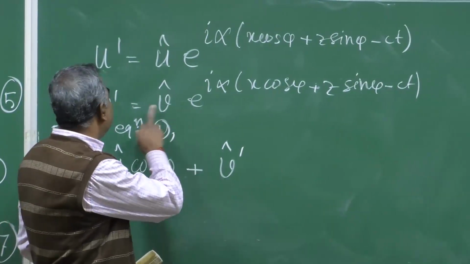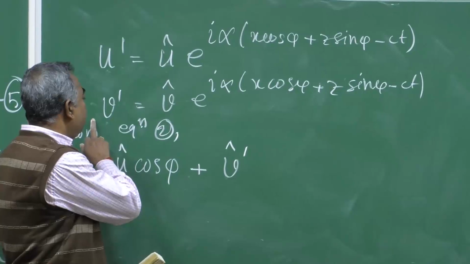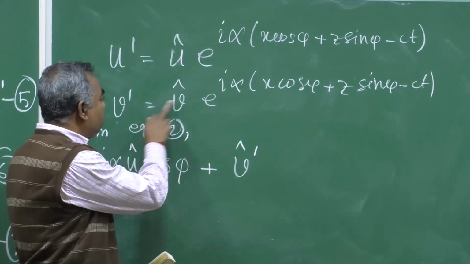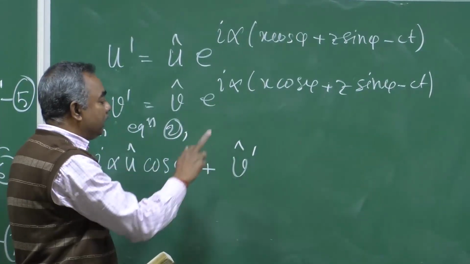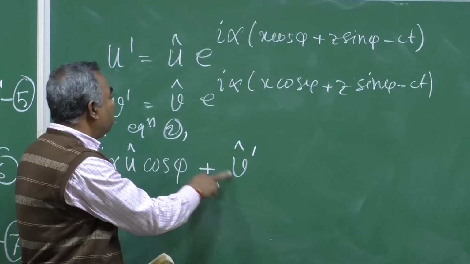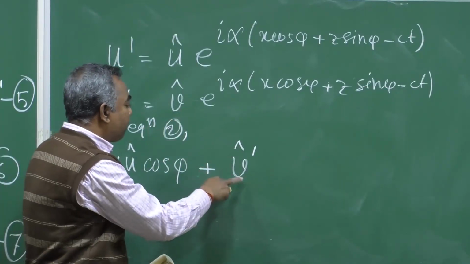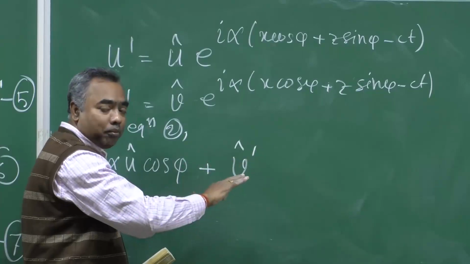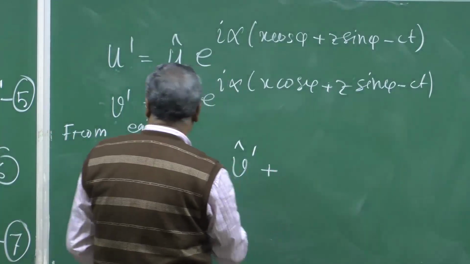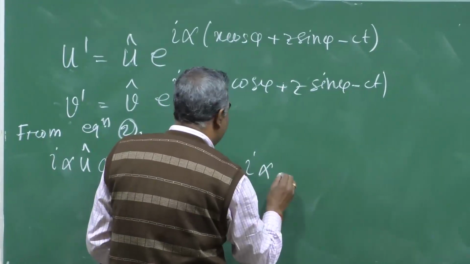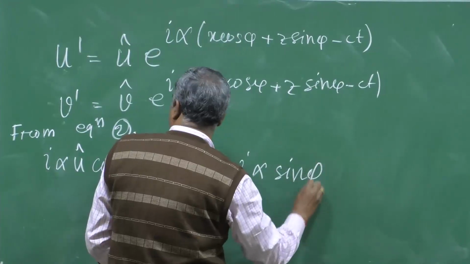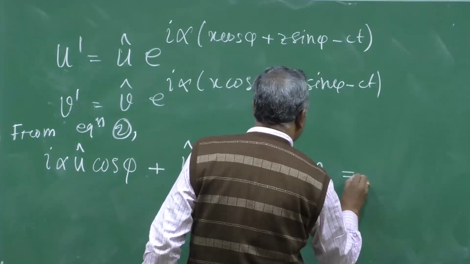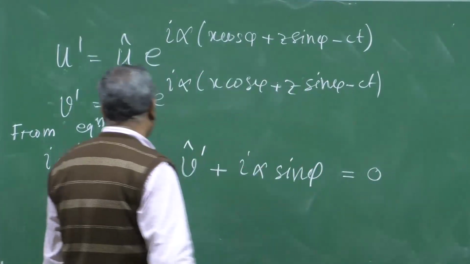If you take the derivative with respect to y of this equation, then you are going to get v hat prime into this exponential, which is common in all the terms, that is what I have not written, plus i alpha sin phi equals 0.